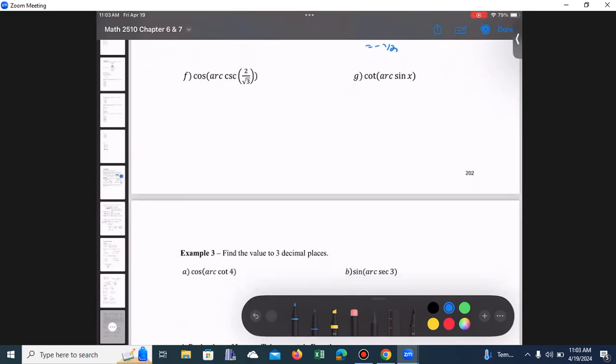And then arc cosecant of 2 over square root of 3. We'll look at this as arc sine of square root of 3 over 2. And we're taking the cosine of it, that's going to be square root of 3 over 2. The angle for that is pi over 3. That's going to give you 1/2 when you take the cosine of pi over 3.